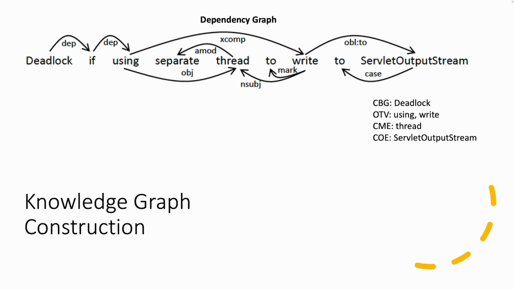Let's have an example here. Here's a dependency graph for a sentence which described a deadlock scenario. First, we identify concept types from this sentence. That is, deadlock is a concurrency bug, the thread is a concurrency mechanism, and the servlet output stream is a code entity. After we have these concept types, we find 2 concept relations.